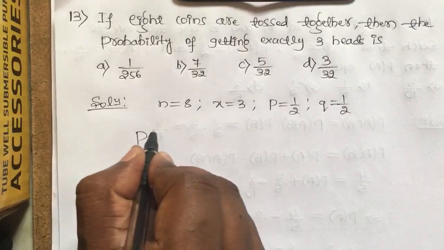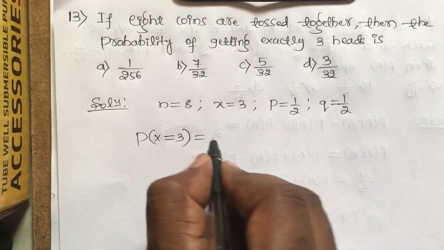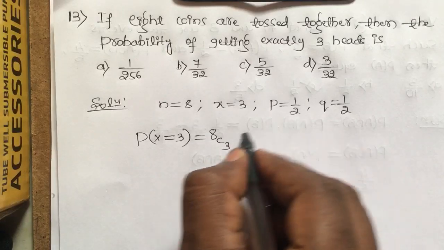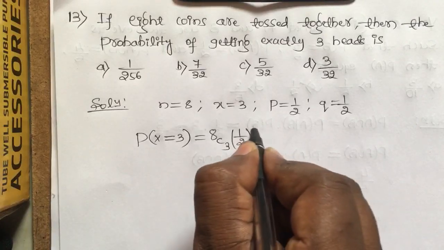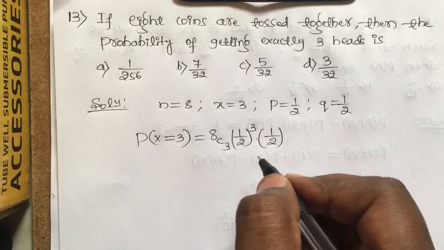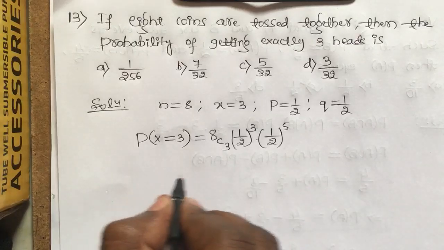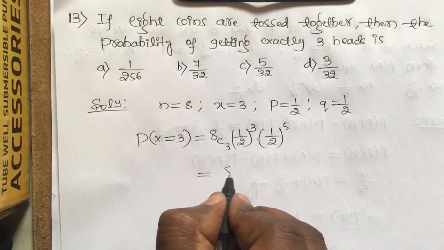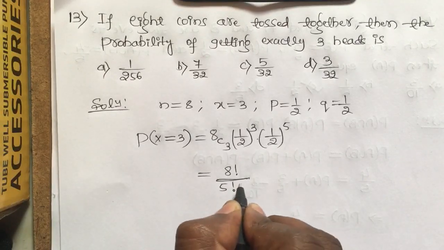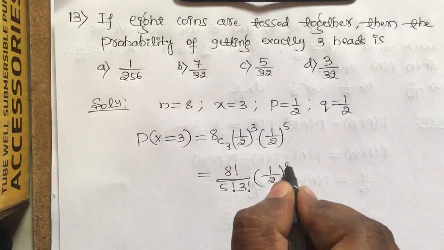So we know that P of X equal to 3 is nCx, that is 8C3, then p raised to x, that is 1 by 2 to the power 3, into q raised to n minus x, that is also 1 by 2 to the power 8 minus 3, which is 5. Here 8C3 can be written as 8 factorial divided by 5 factorial into 3 factorial, and together the powers give 1 by 2 to the power 8.